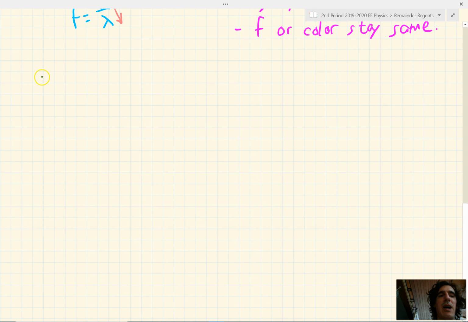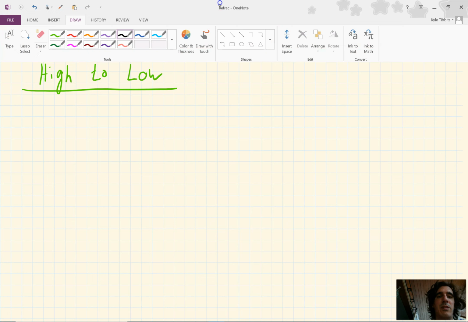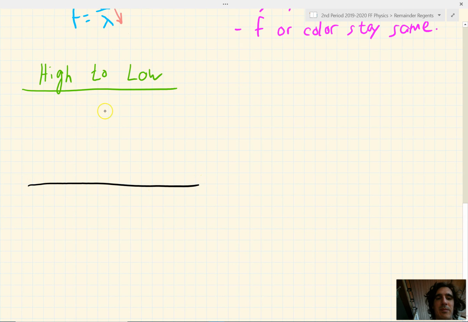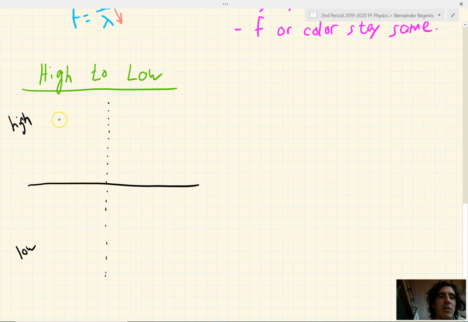So we'll say from a high to a low, and we'll draw a vector to represent our light ray. And we saw when it goes from a high to a low, as in mud to pavement, it's going to bend away from the normal. We have the high relative to the normal, and theta 2 in the low relative to the normal.